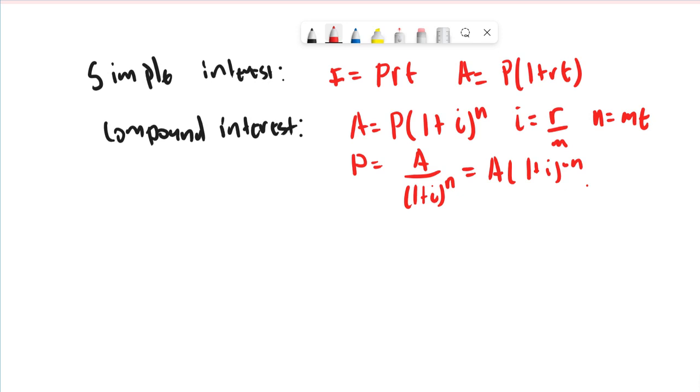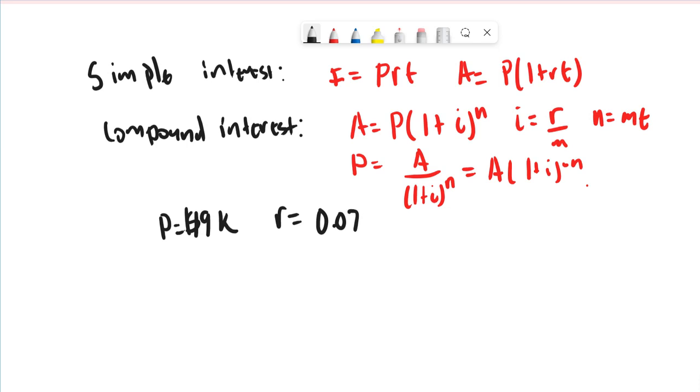Now, let's suppose that we take $19,000. Okay, so let's say that the principal amount is $19,000. And let's say that the annual interest rate is 7%. Okay, now let me go ahead and just write it as a percentage, so that way there's no confusion.